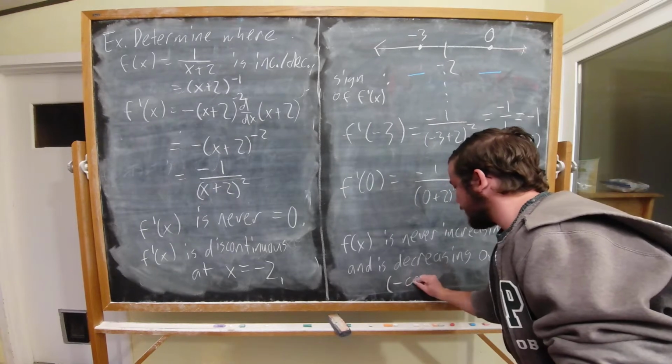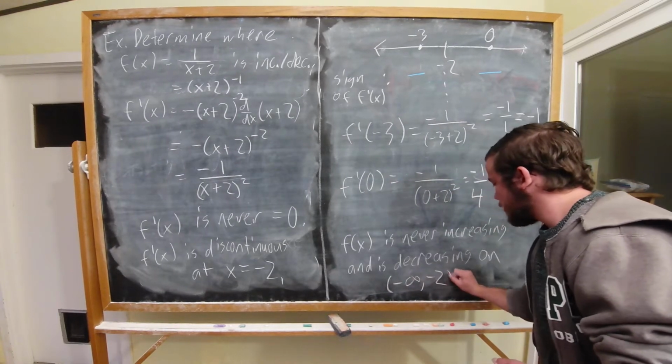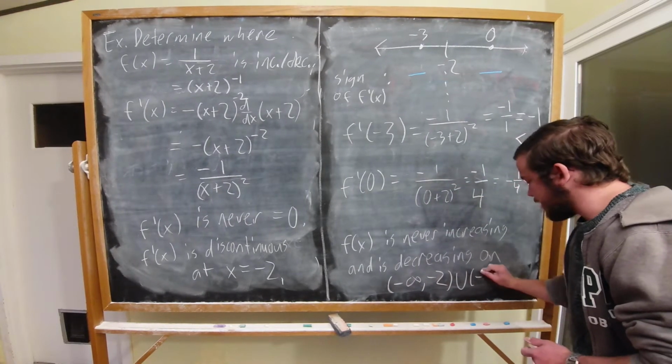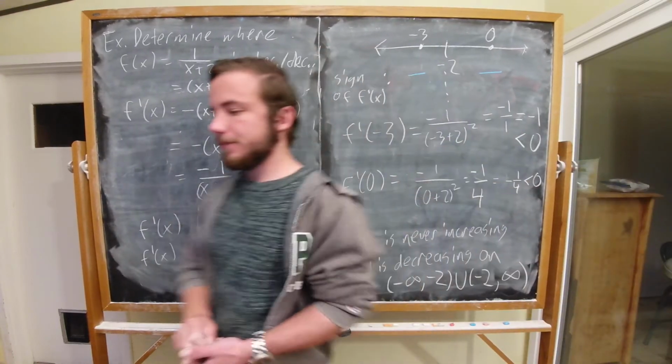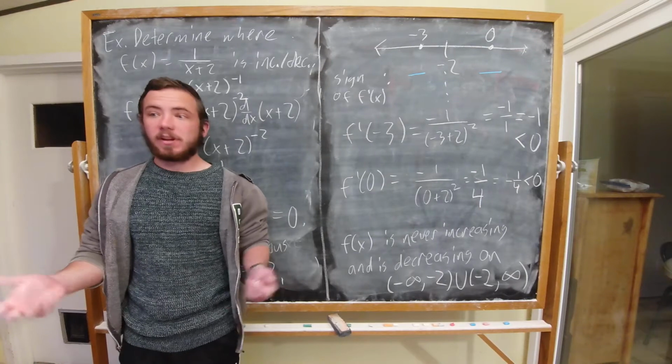So negative infinity to -2 union -2 to infinity. Alright, nice and slick.